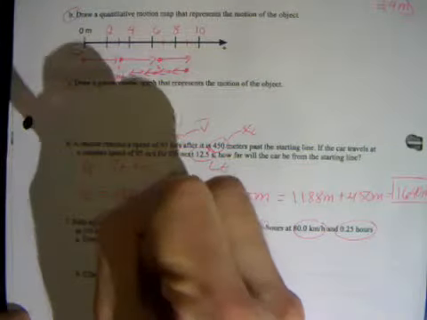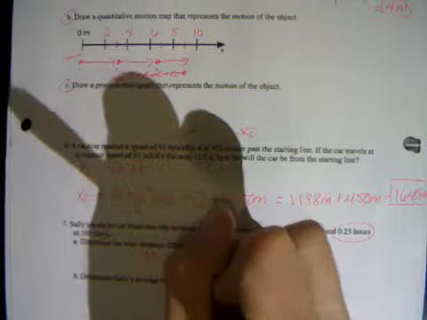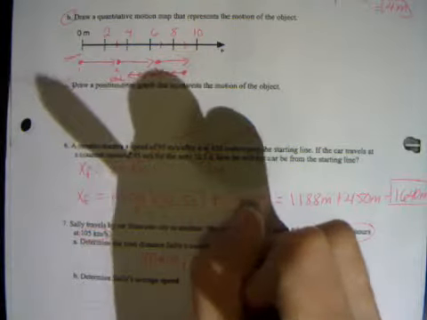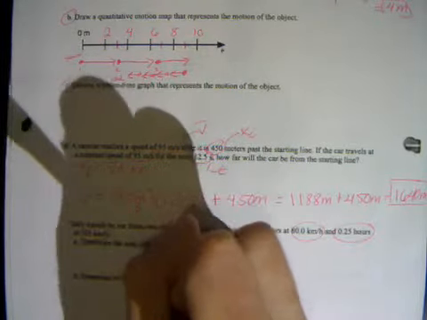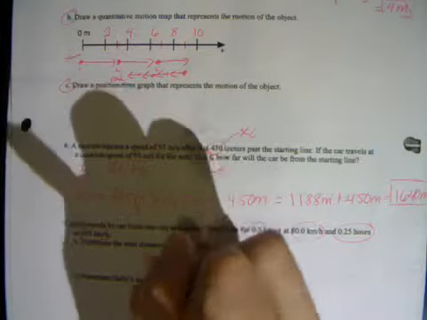So 80 kilometers per hour times 0.5 hours.